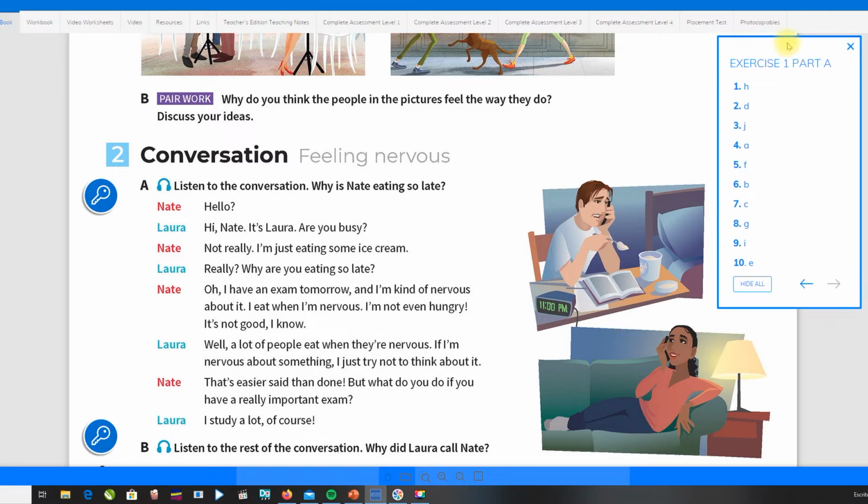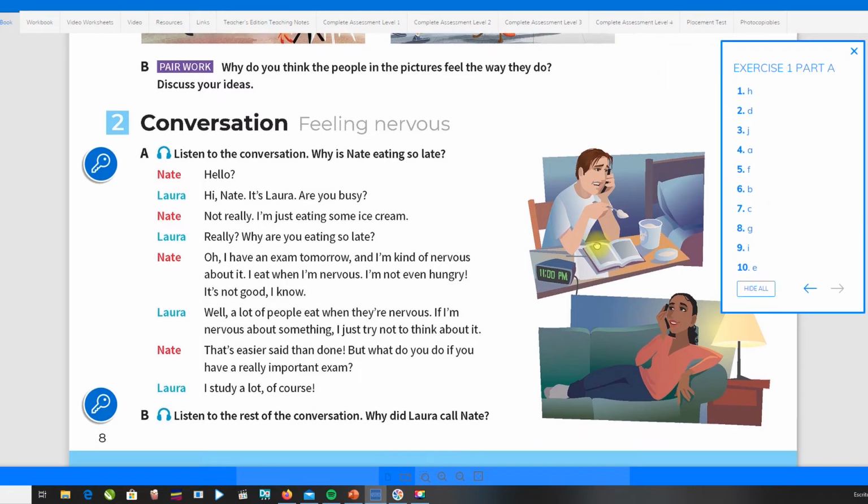Let's close this. Here we have a picture of a guy and a girl. It says 11 p.m. He has a book. He's probably studying. And he is eating some ice cream and talking to his friend.